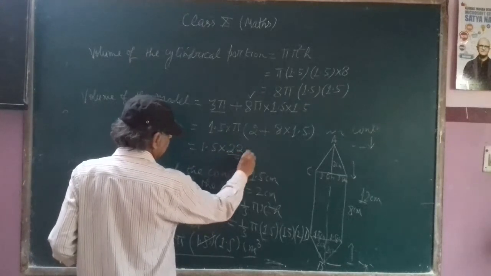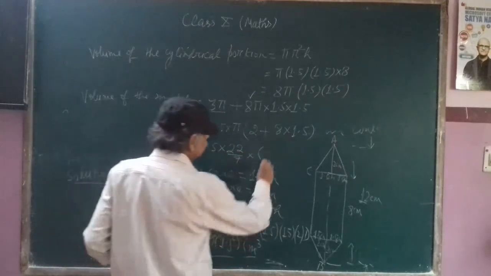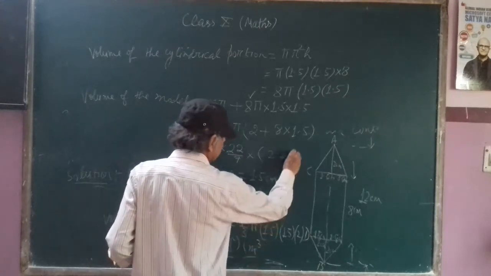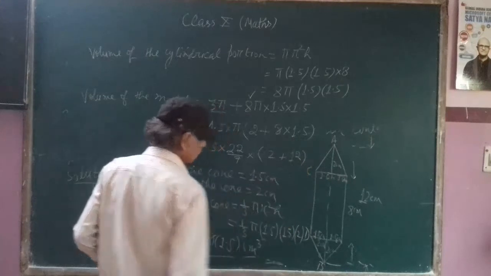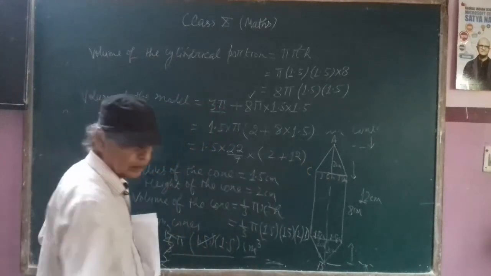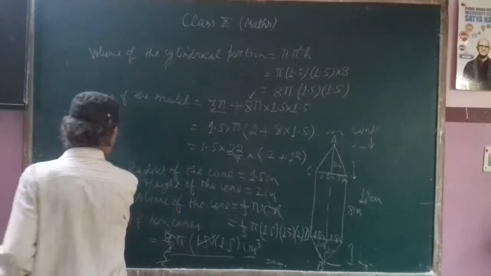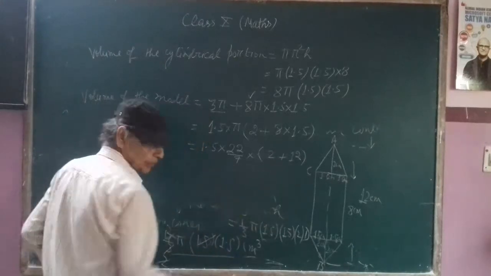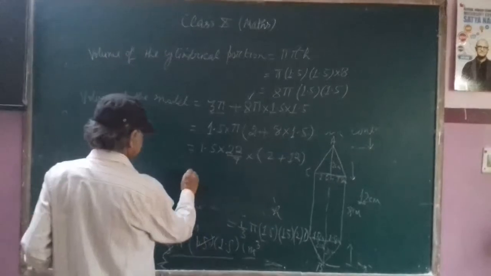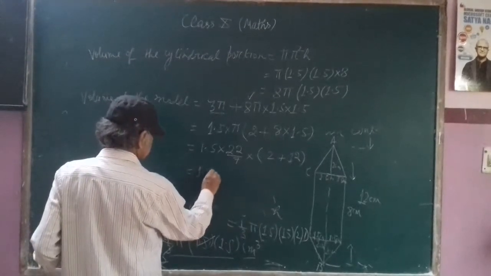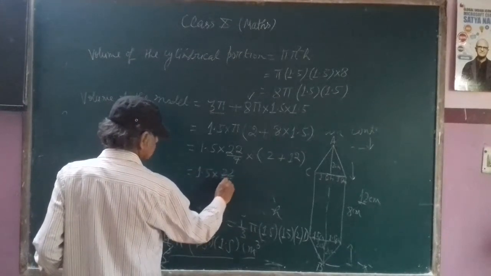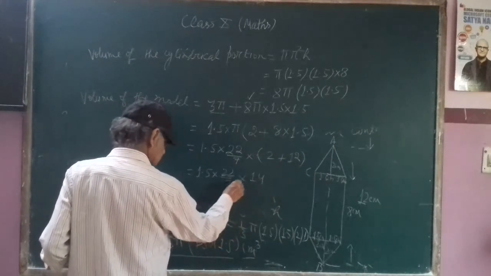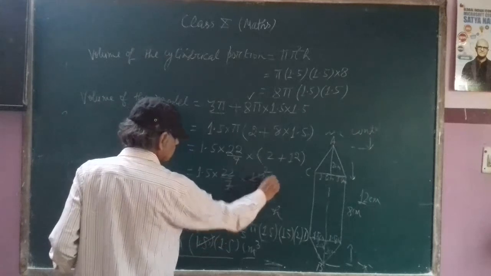22 upon 7, put the value, into 2 plus 8 into 1.5, that is 12. You know very well it is 12. Then you will get 1.5 into 22/7 into 14. 7 and 2 cancel out.